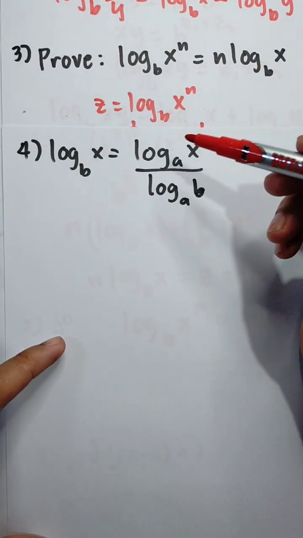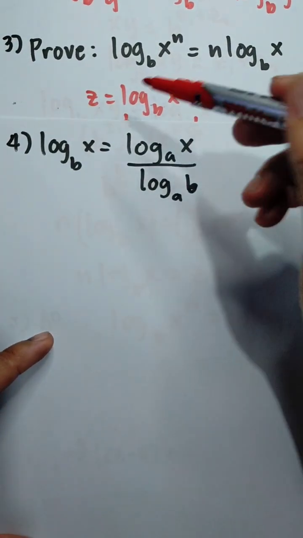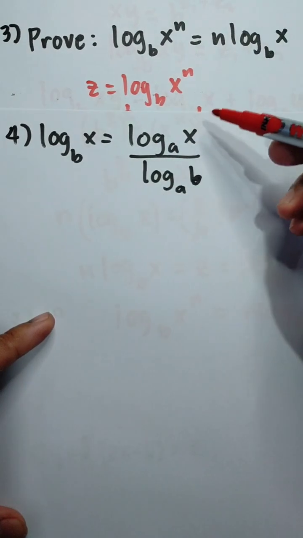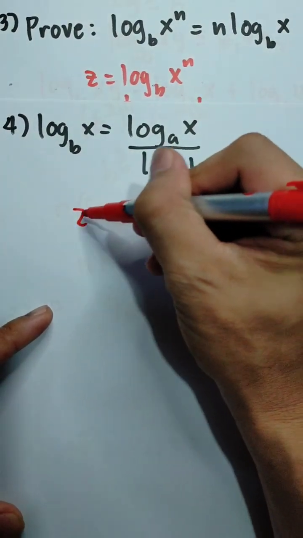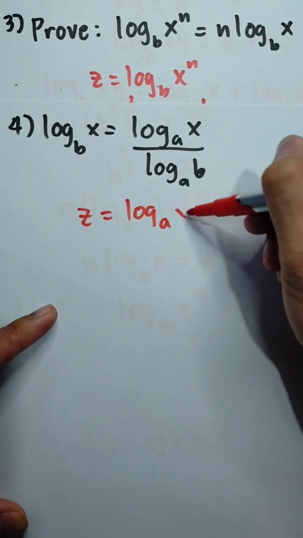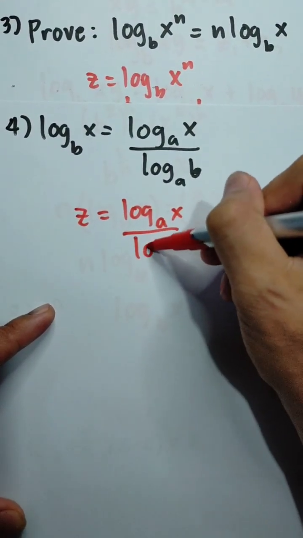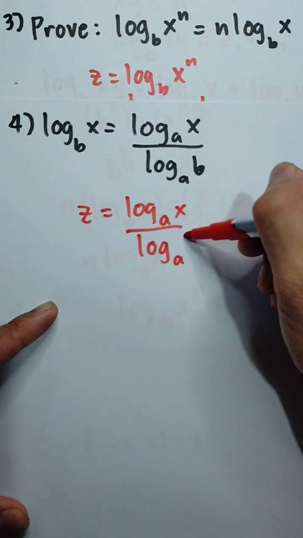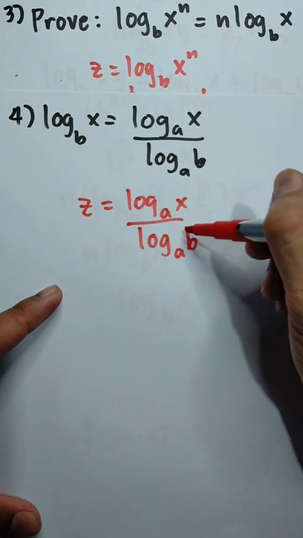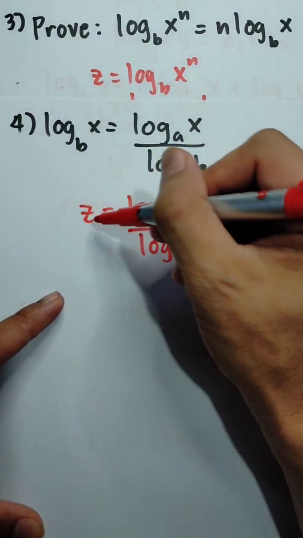Number 4, let's prove the change of base property. Let's start from the right hand side, expressing it as z equals log base a of x over log base a of b. Now let's cross multiply and transfer the denominator to the left hand side.